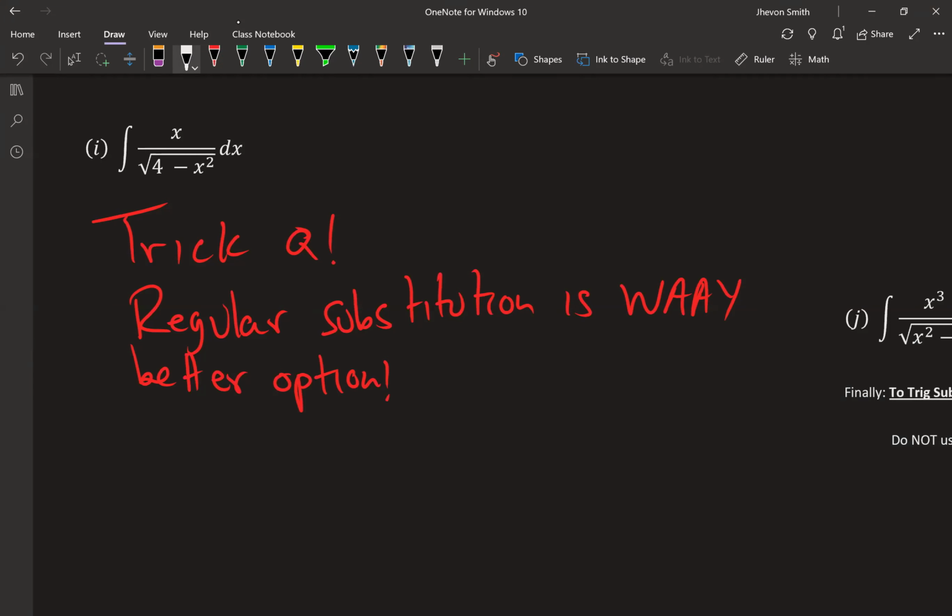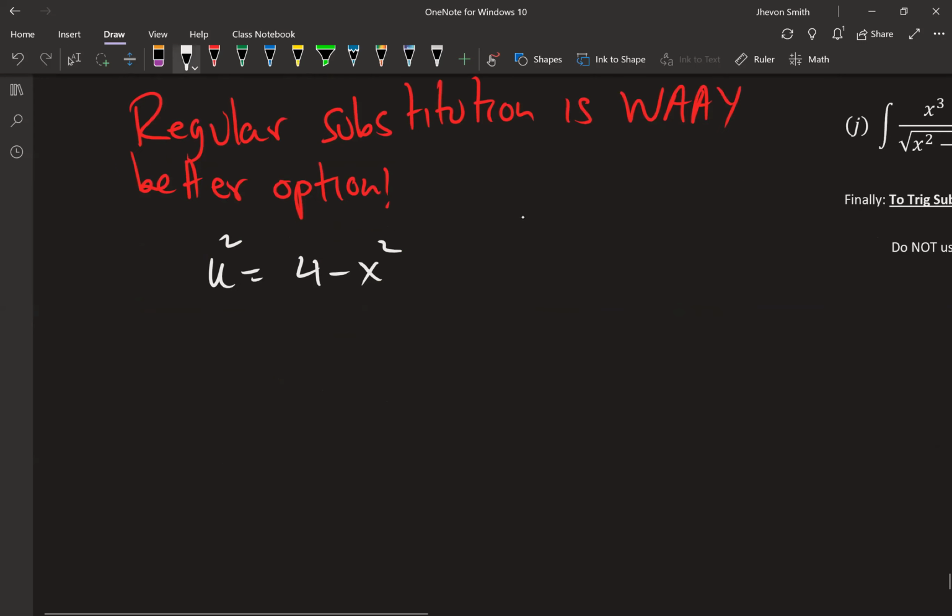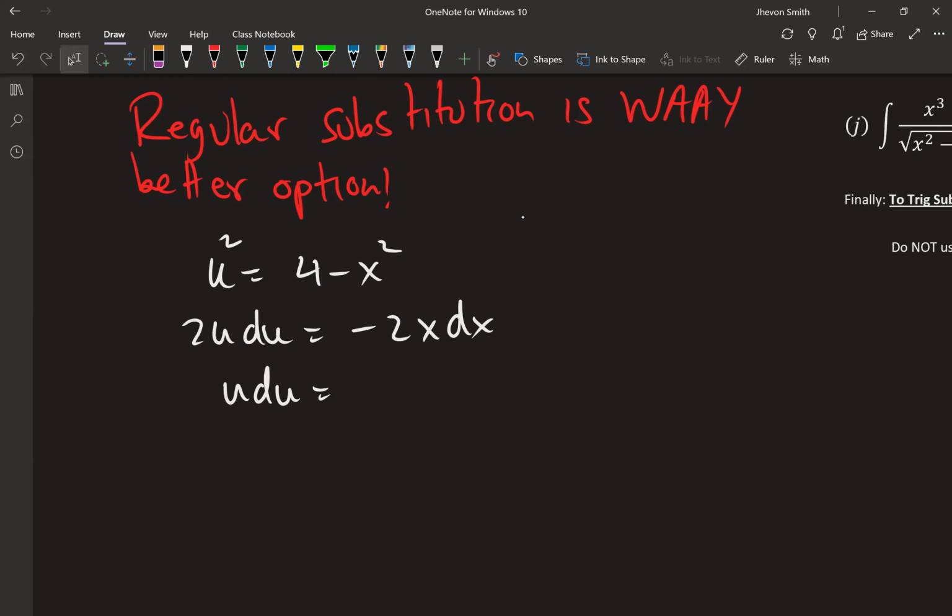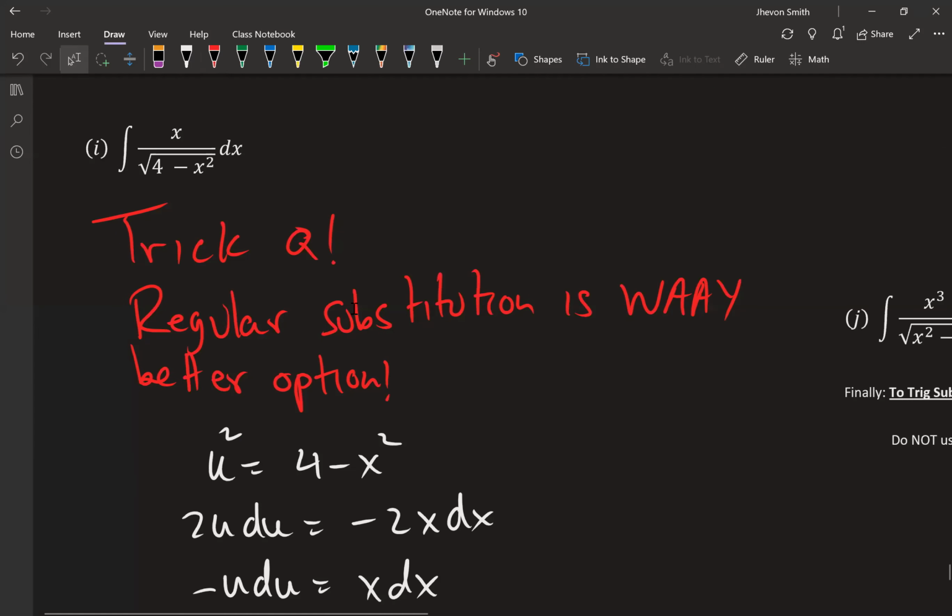The first thing you should have noticed is that, hey, I could just let u equal 4 minus x squared. Or better yet, u squared equals 4 minus x squared. You can make quick work of that. So that's 2u du is equal to minus 2x dx. And so you have u du is equal to minus x dx. You just plug that in.